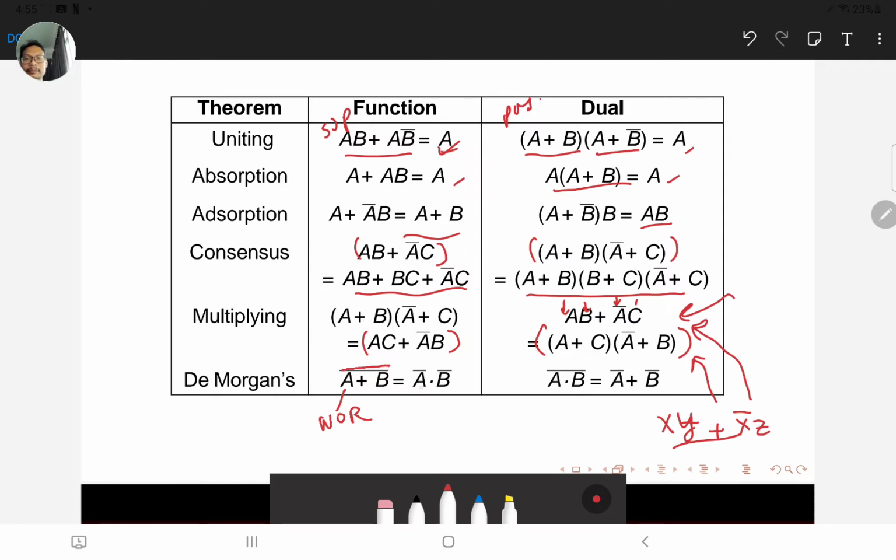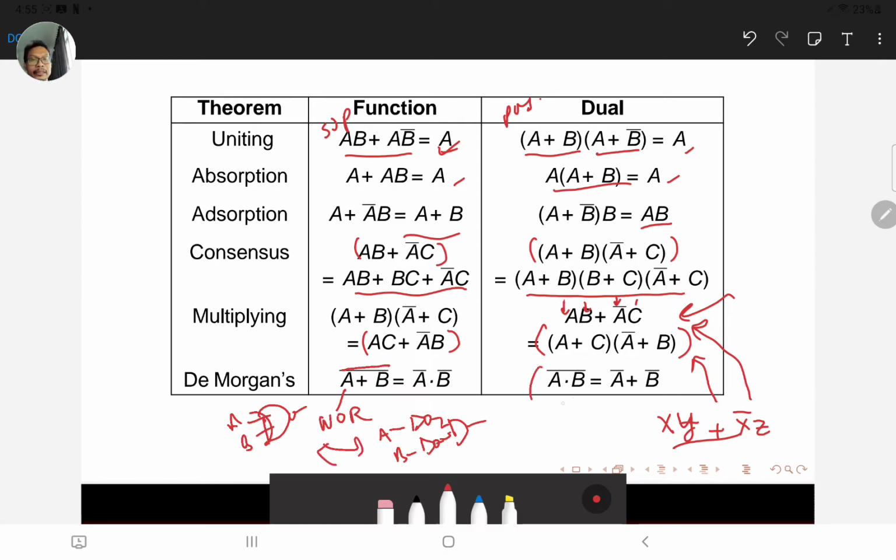Okay, that can be simplified to an inverter on A and an inverter on B. And this is equivalent to the NOR gate that looks like this. So these two are equivalent.